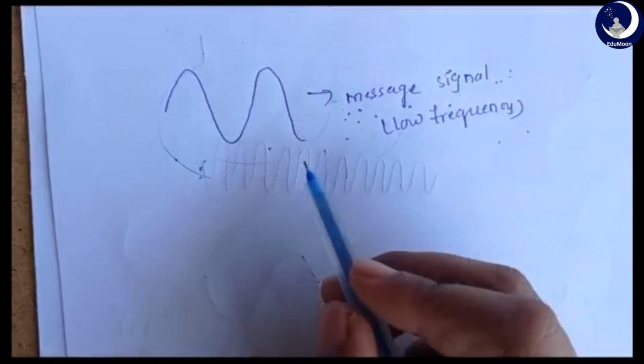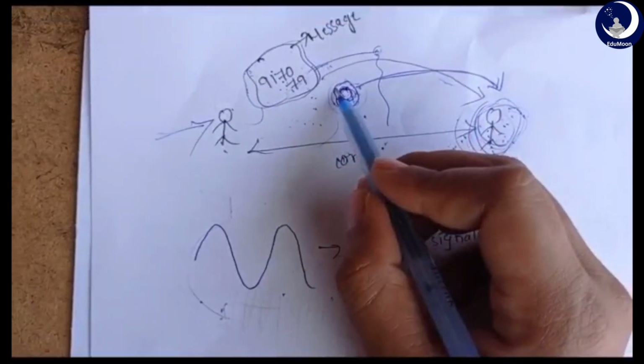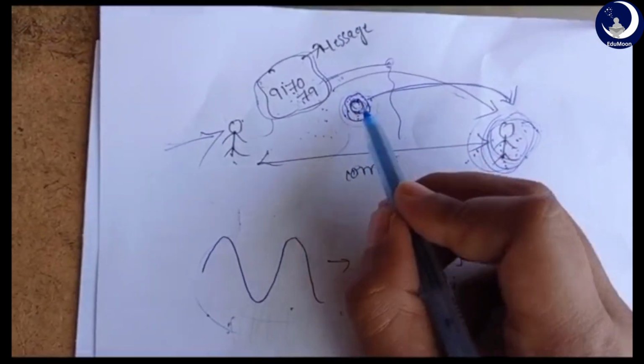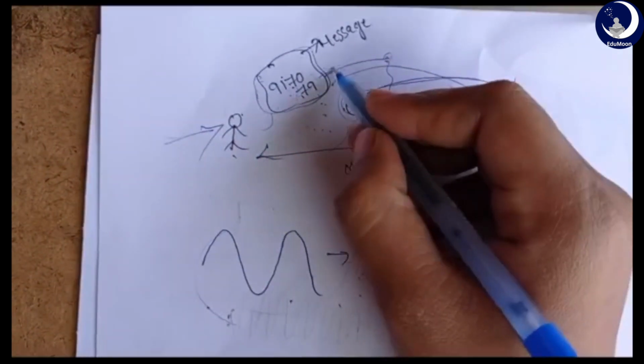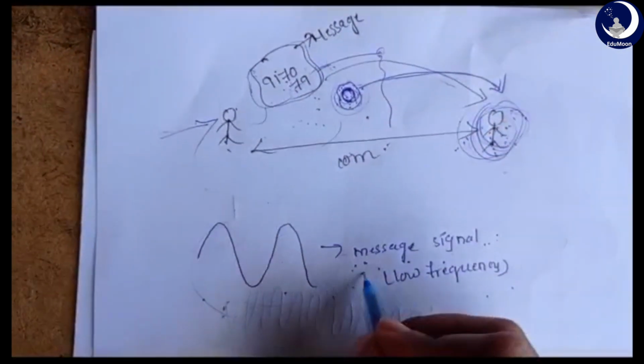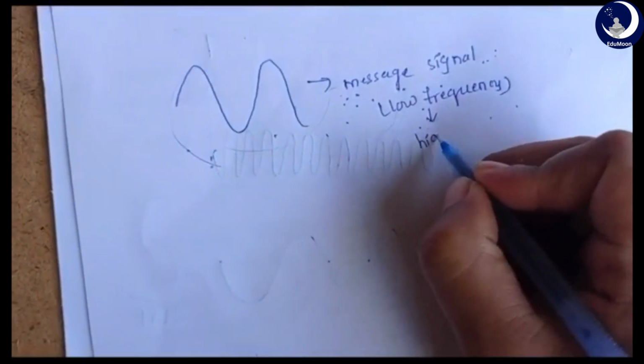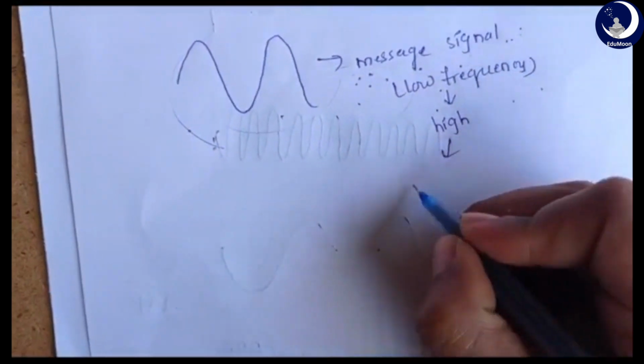So in order to make sure our message reaches him, we increase the weight of the message by putting a stone in it. In the same way, in order to increase the frequency, we will change it into a high frequency by using a carrier signal.